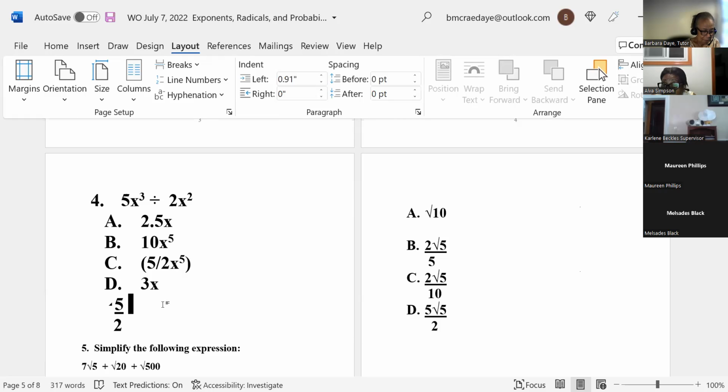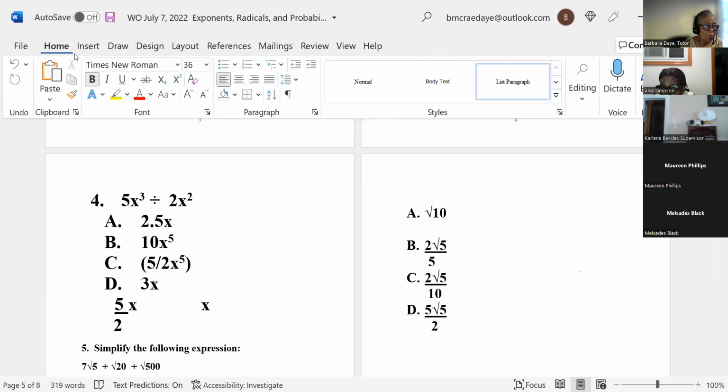I don't think I catch you right there. 5 divided by 2 is 5 over 2. Now x to the third divided by x to the second, let me write it over here.